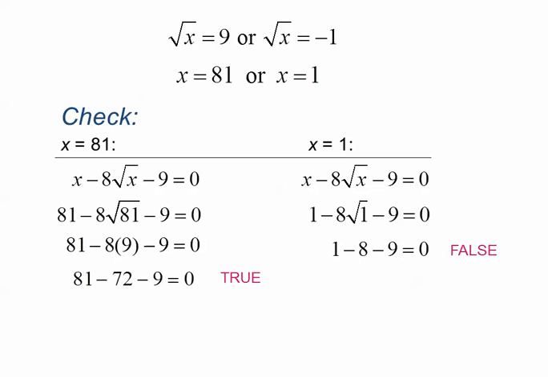And when we check the 81, it works. And when we check x equals 1, it does not work. And the reason is because this is not the principal square root. And when we take it here, we have to take the principal square root. So we only actually have one solution to this. The only solution is x equals 81.